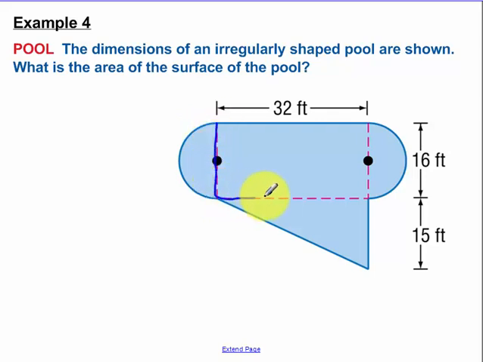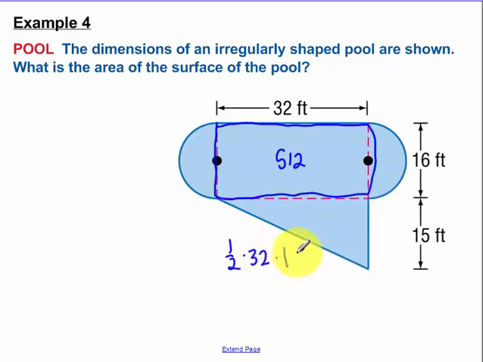This right here is a rectangle. So I have 32 times 16. So the area of this is 512. The area of this triangle is 1/2 base times height. So 1/2 my base, which is 32, times my height, which is 15.